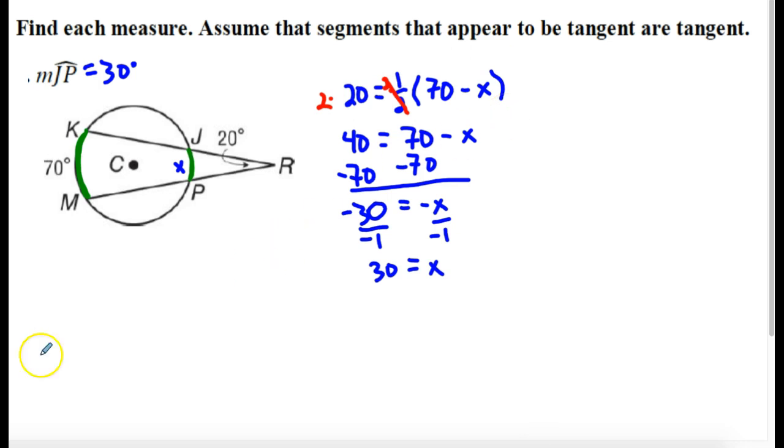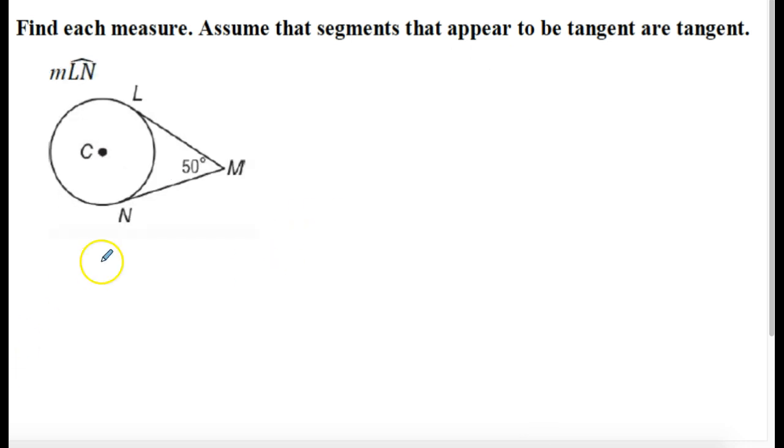All right. Last example. Here, the only thing I'm given is that this angle is 50 degrees. From that, I want to find the measure of arc LN. Well, I don't know either of these arcs. So I guess we can say that we'll call the large arc x, and we can call the small arc y.